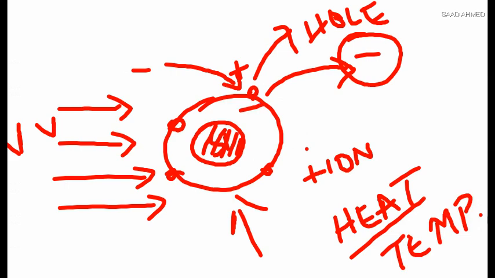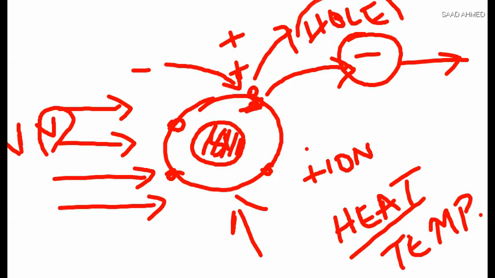If for any applied voltage this electron dislodges from this place and moves onward, it is going to create a vacant space in the orbit. We consider this vacant space as a positive charge, and we call it a hole.